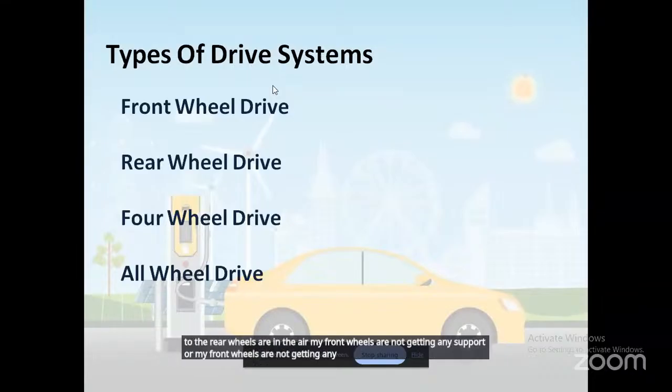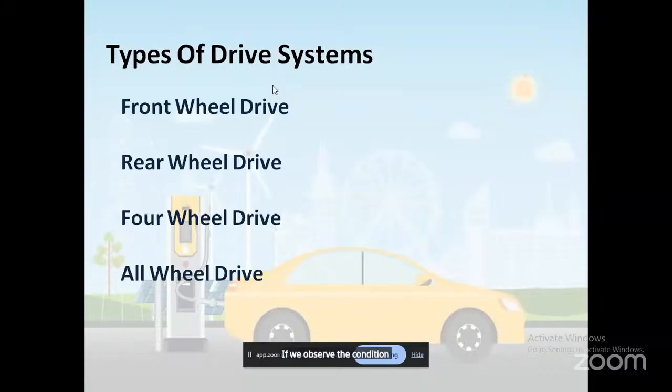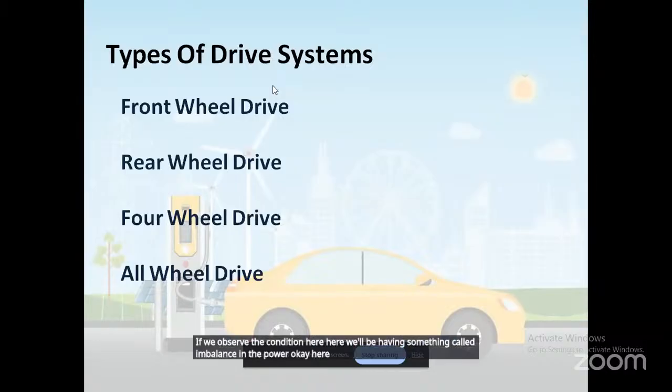So if we observe the condition here, we have an imbalance in the power. There is no proper balance in the power distribution.